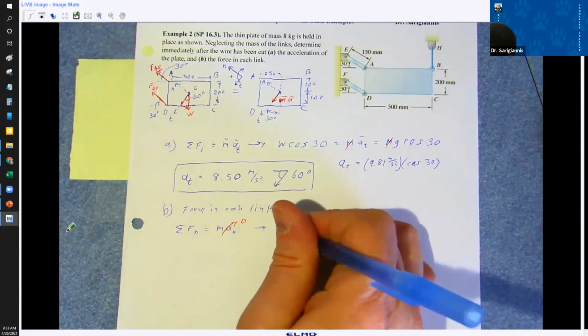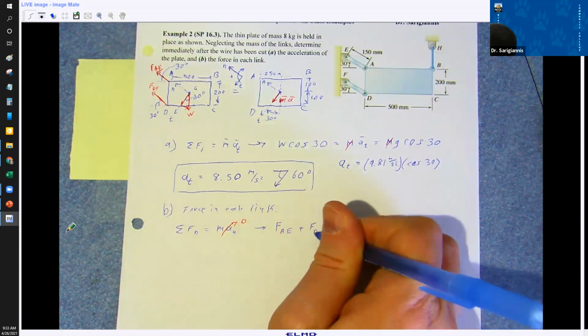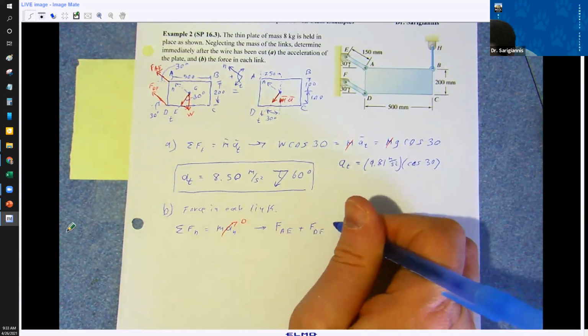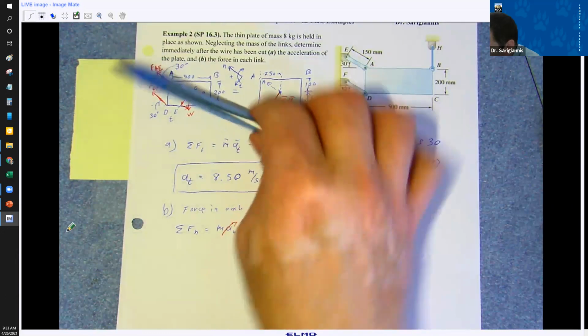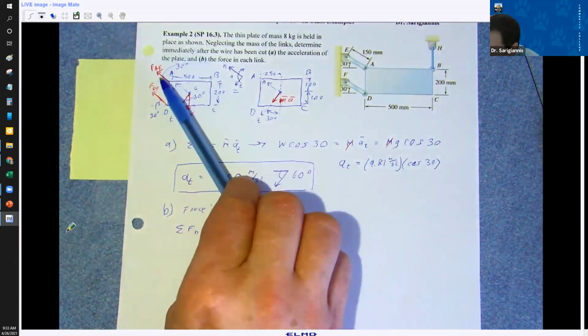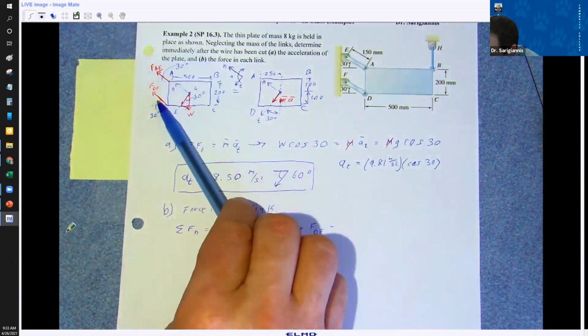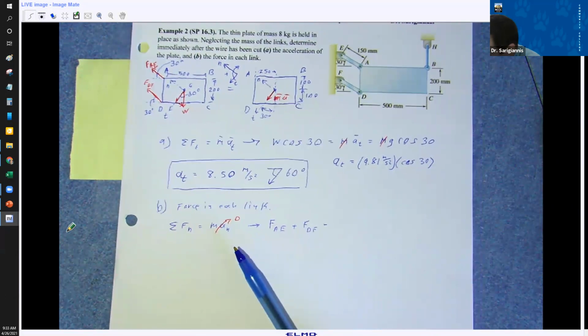So our sum of the forces are FAE plus FDF minus, so again, this is the nice part about choosing these normal and tangential components, right? We don't have to yet deal with the components of these vectors, right? These force vectors. Those are the forces in those links.